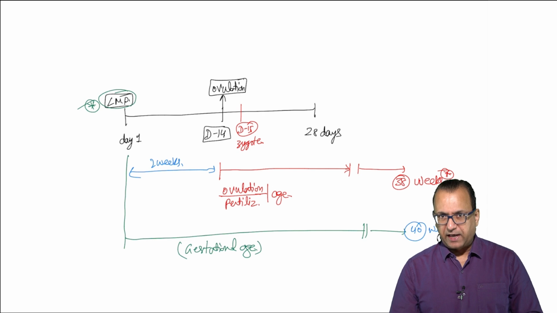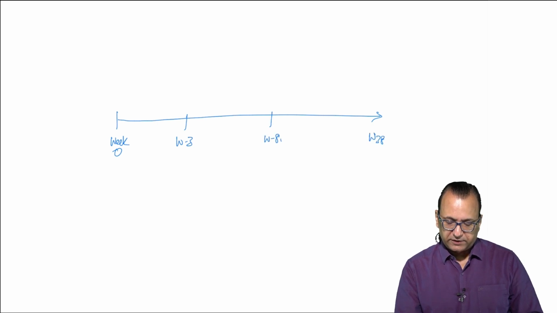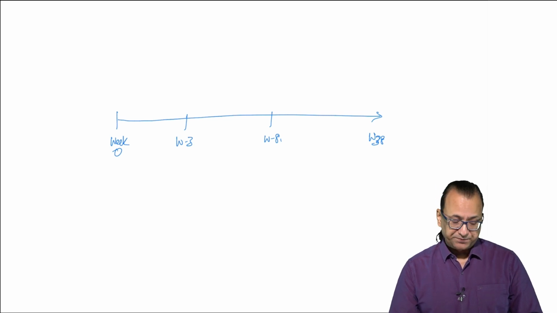Now we will make another diagram, and in this diagram we are calculating the age of the baby. Say this is week number 0, this is week number 3, this is week number 8, and that is week number 38, because we are talking about ovulation age or fertilization age here.